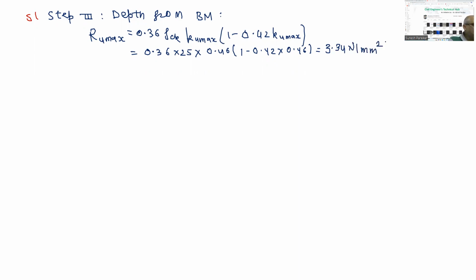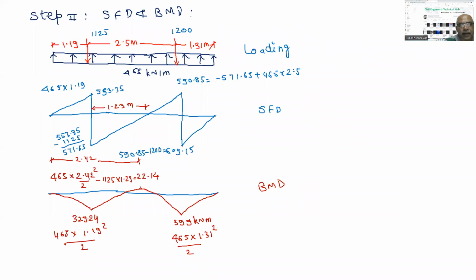Knowing this value, we can find required depth. So we have D required equal to under root of Mu max upon RU max into B. Now we have Mu max. Now if we will go back and see bending moment maximum value, we need not consider that sign, hogging or sagging.